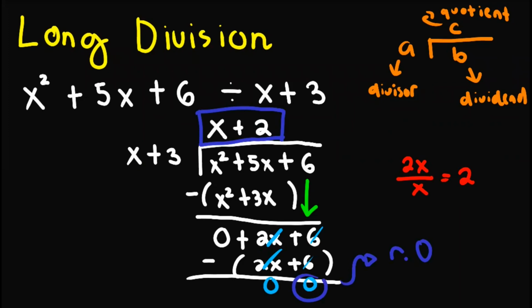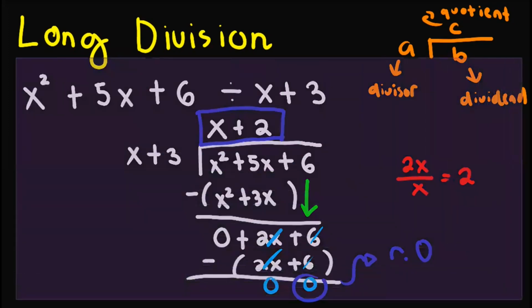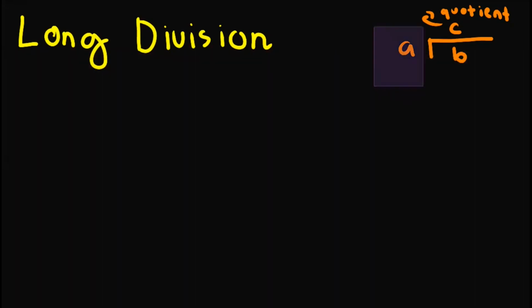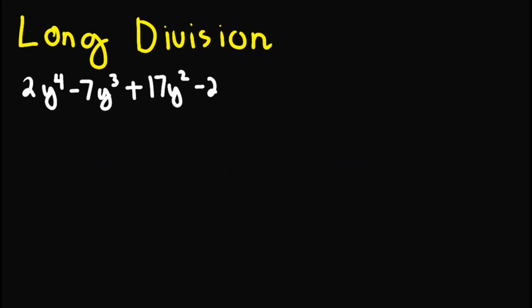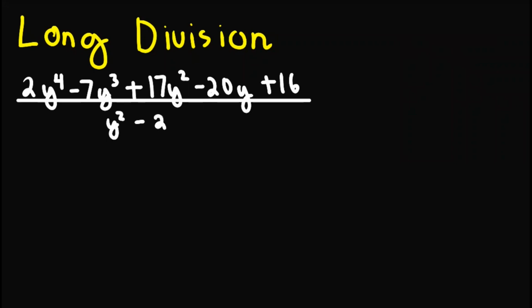Now let's try out some examples. Let's have 2y raised to 4 minus 7y cubed plus 17y squared minus 20y plus 16, all over y squared minus 2y plus 3.